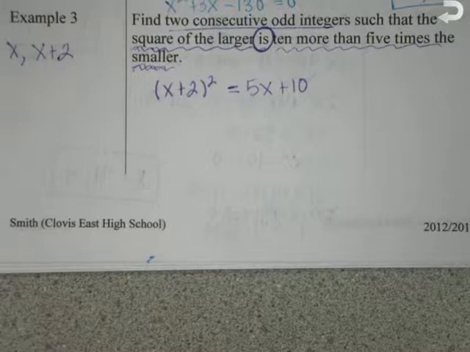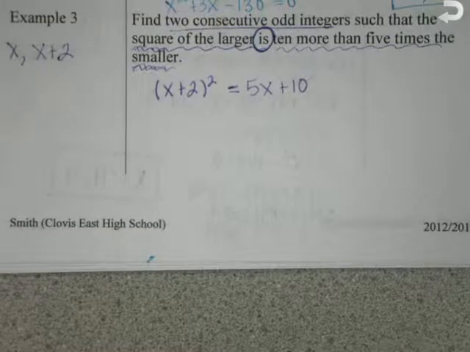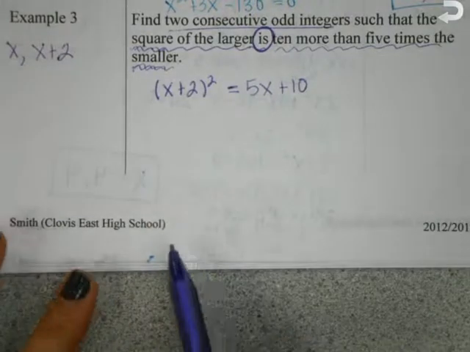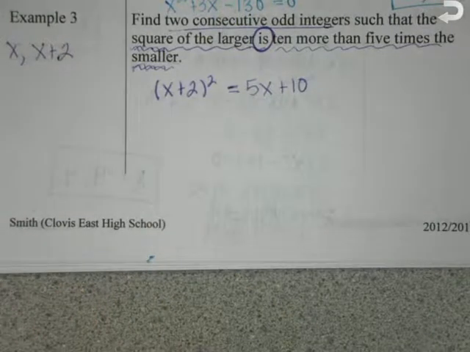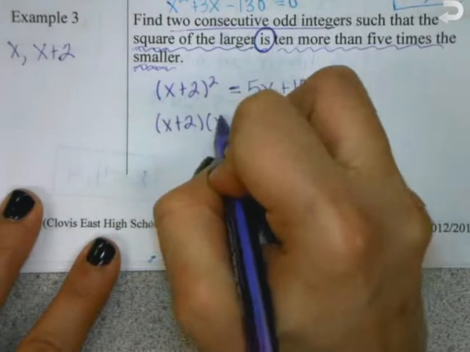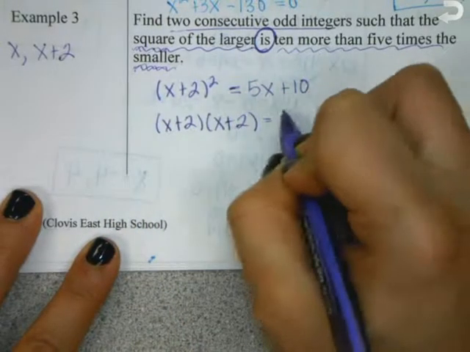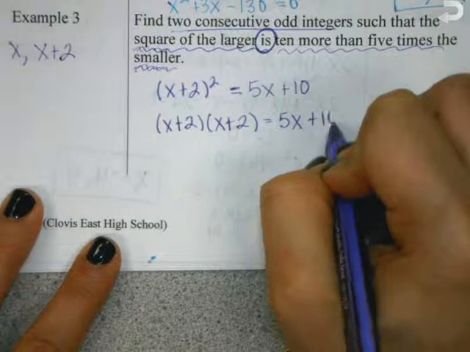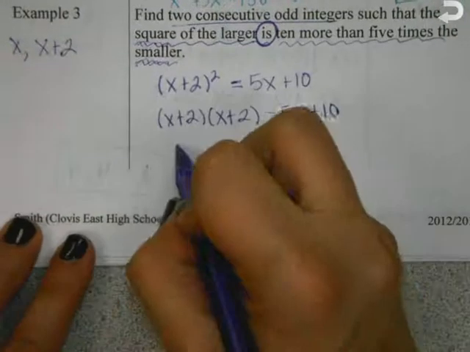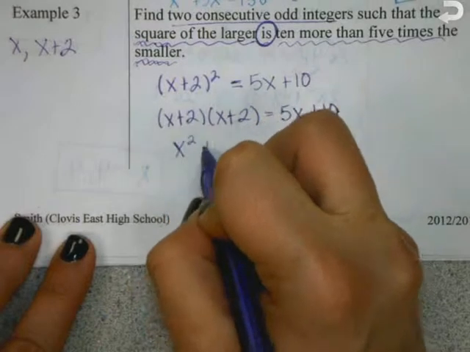So x plus 2, all of that squared. You have to actually expand that out. X plus 2 times x plus 2 equals 5x plus 10. Like I said, you can FOIL or use the box. It's going to come out to x squared plus 4x plus 4 equals 5x plus 10.